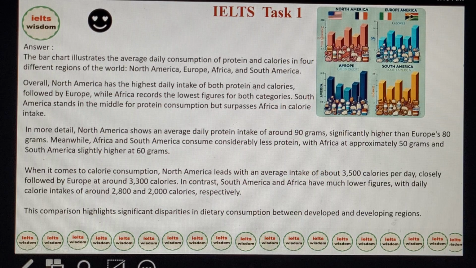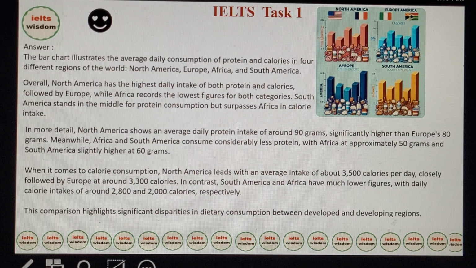When it comes to calorie consumption, North America leads with an average intake of about 3,500 calories per day, closely followed by Europe at around 3,300 calories. In contrast, again vocab words, South America and Africa have much lower figures, with daily calorie intake, vocabulary word, of around 2,800 and 2,000 calories respectively.